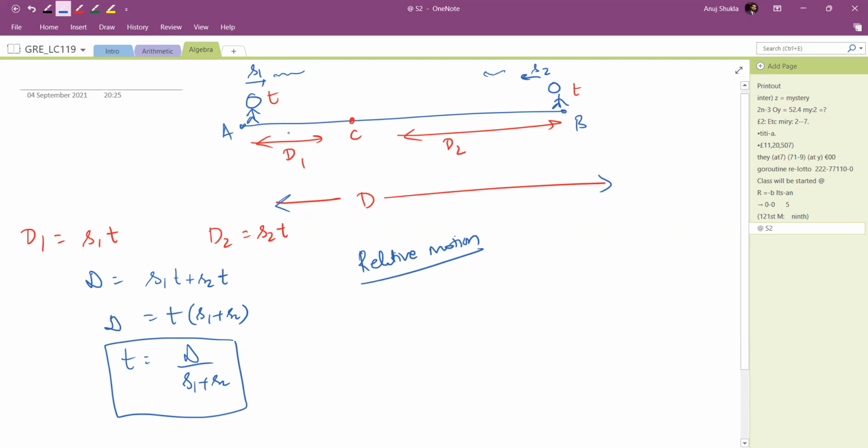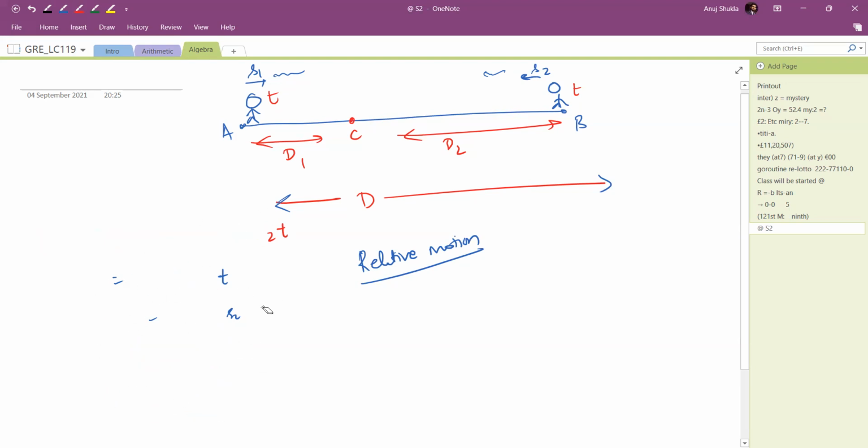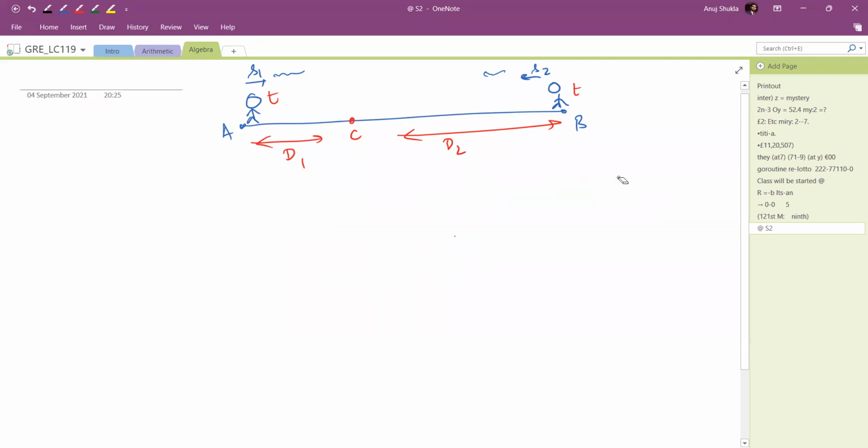When you're looking from some other place, you can say that this person is moving with s1 and this person is moving with s2. But if you sit on the shoulder of person A, then you will see that A is at rest and B is moving, that too not with s2 speed, it will be moving with some greater speed, some more speed, right?